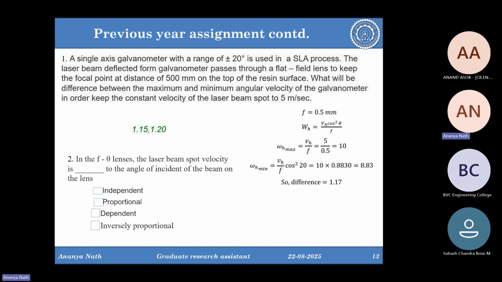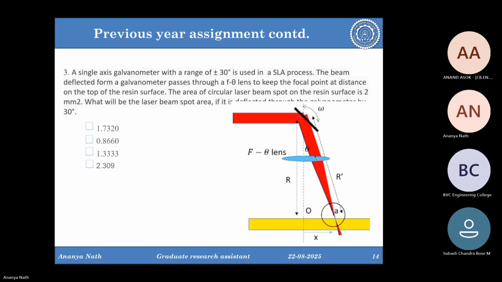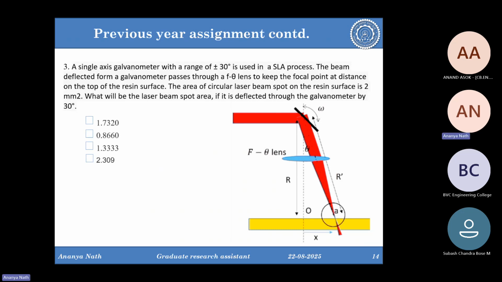Next, in the F theta lenses, the laser beam spot velocity is proportional to the angle of incidence of the beam on the lens. Then we have a question on the F theta lens. In this F theta lens, we have the range of plus minus 30 degree that is possible.